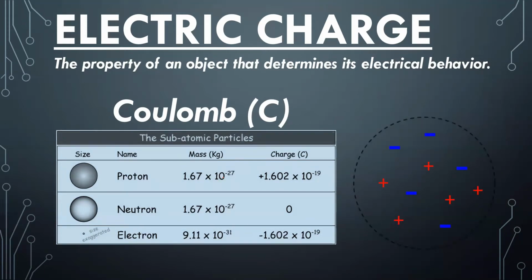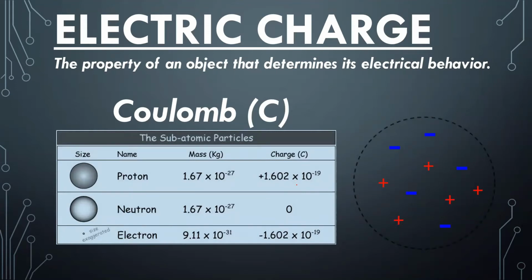Since proton has a positive 1.602 times 10 to the power of negative 19 coulomb, yung neutron naman, since it is neutral, is equal to 0 coulomb. Since neutral siya, it has no charge, it doesn't carry any charge.